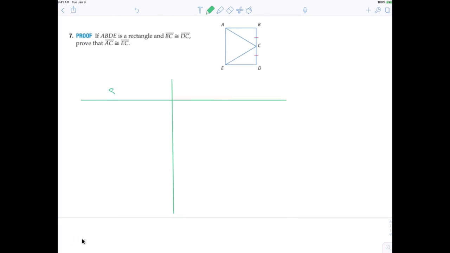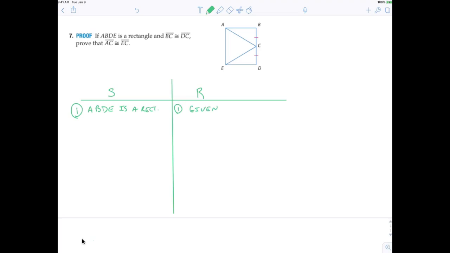All right. Statements, reasons. Number 1. We know that it's a rectangle. So ABDE, now that's important, is a rectangle. And that's given.